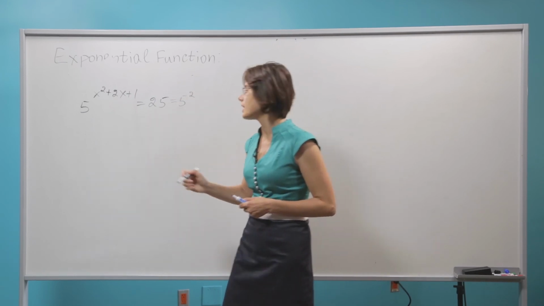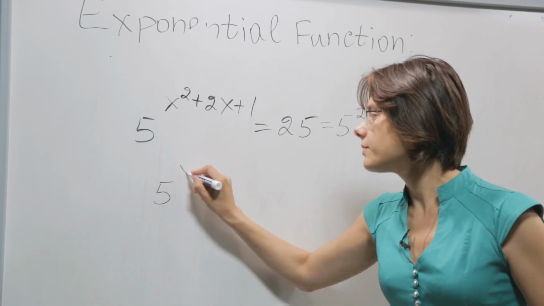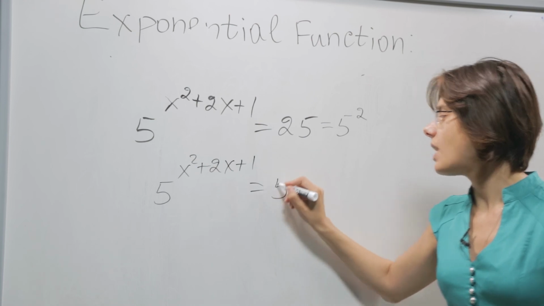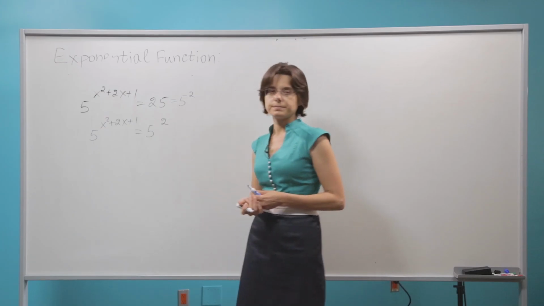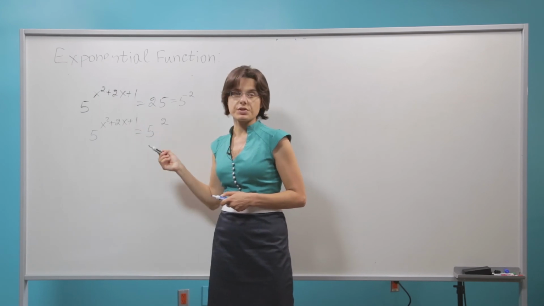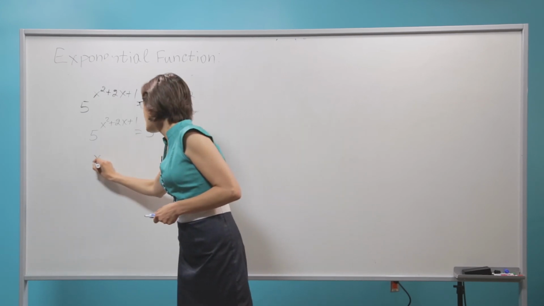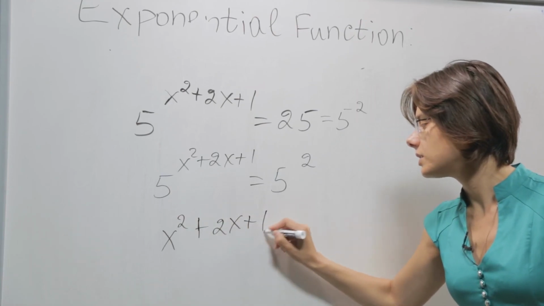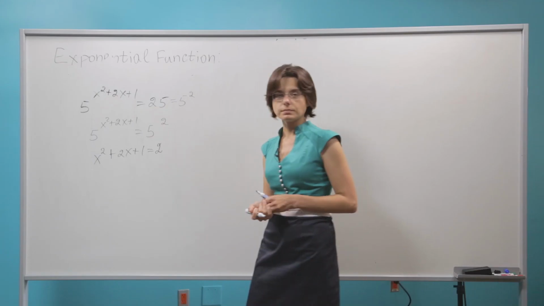What I obtained now is base 5 to some power equal to base 5 to another power. So since bases are equal, we can make the powers equal. We obtained x squared plus 2x plus 1 is equal to 2.